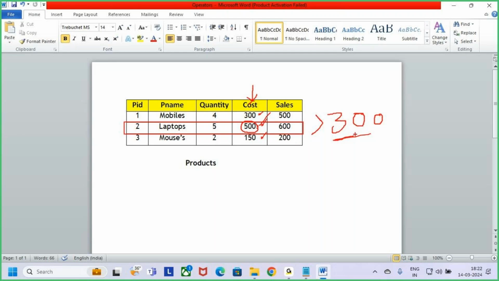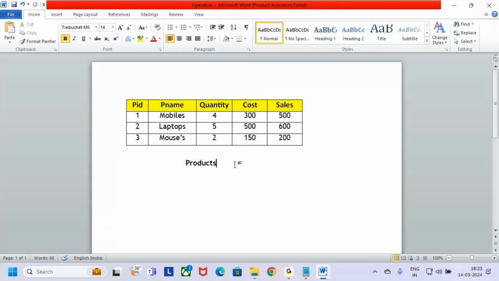No, it is not. So what these comparison operators do here is, they go to the column, and for each and every row they compare whether the value matches the condition or not. If the value matches, then we get it in the output. So how many products are there with cost price greater than 300? There is only one product, that is laptops.